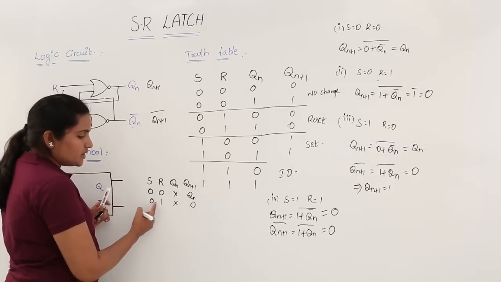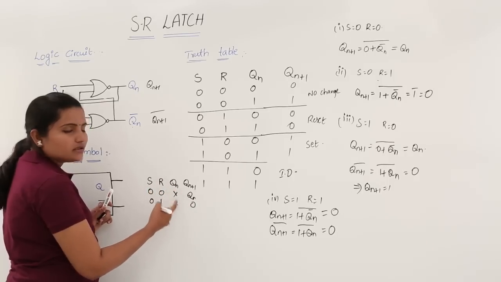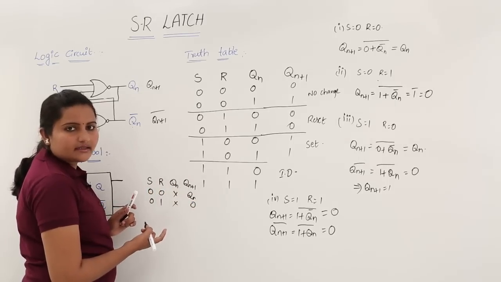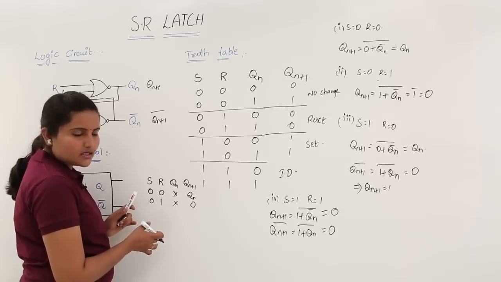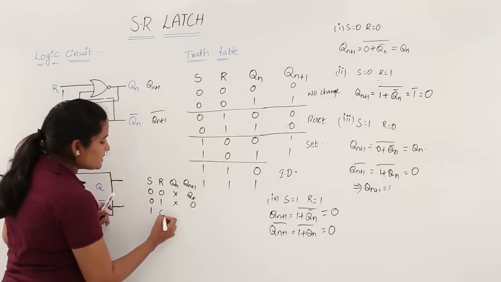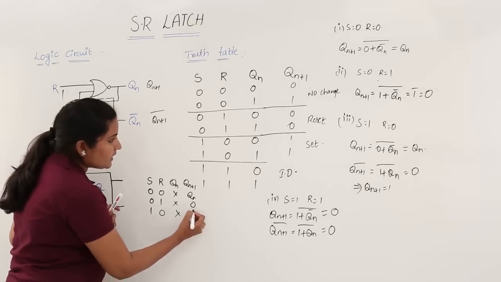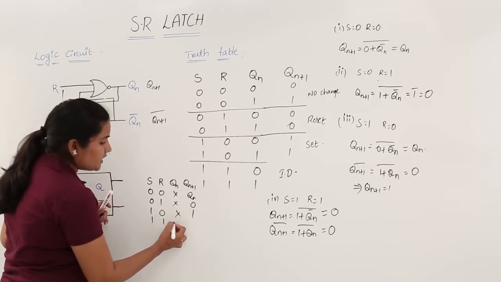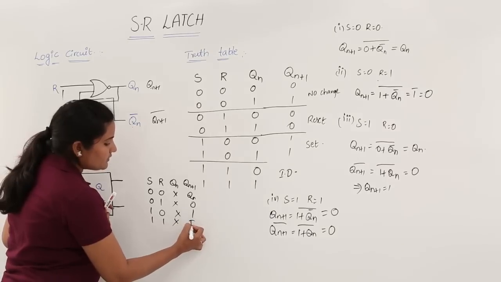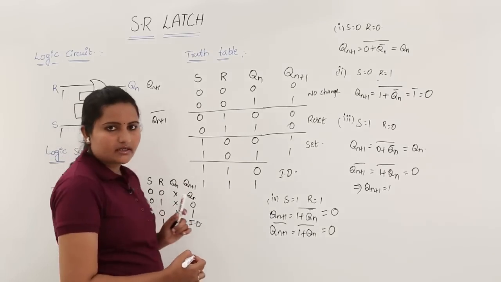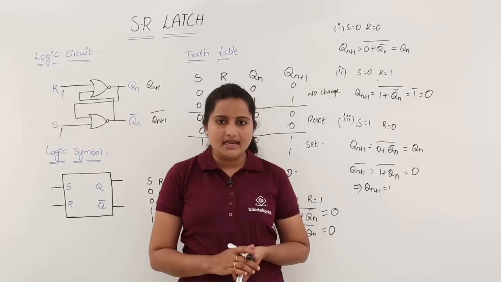So in the 0, 1 condition of the SR latch, it is going to the reset state. Like this they will ask questions. In which condition is the SR latch going to the set state? That means the 1, 0 condition, so here you are getting 1. In the 1, 1 condition, without knowing Qn, this goes to the indeterminate state. So this way we are going to design latches.